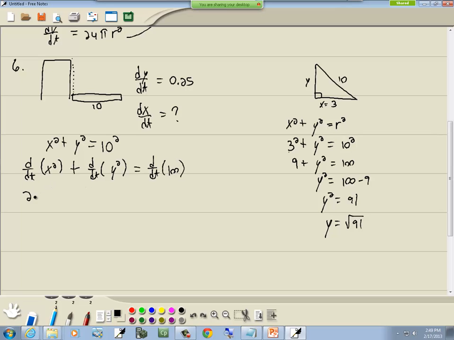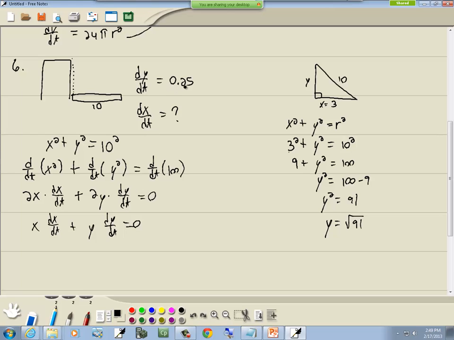Take the derivative just like normal, so this becomes 2x, but then we have to add on our dx/dt, because again, we're taking the derivative with respect to t, and it's really an x. Over here, this becomes 2y, but we have to add on our dy/dt. And this is 0. Now I can divide everything by 2. We've got x dx/dt plus y dy/dt equals 0.